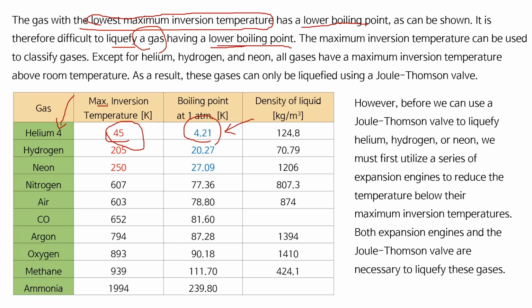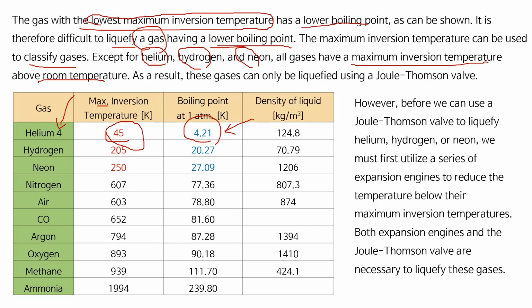The maximum inversion temperature can be used to classify gases. Okay, you can see here, except for helium, hydrogen, and neon, all gases have a maximum inversion temperature above room temperature.